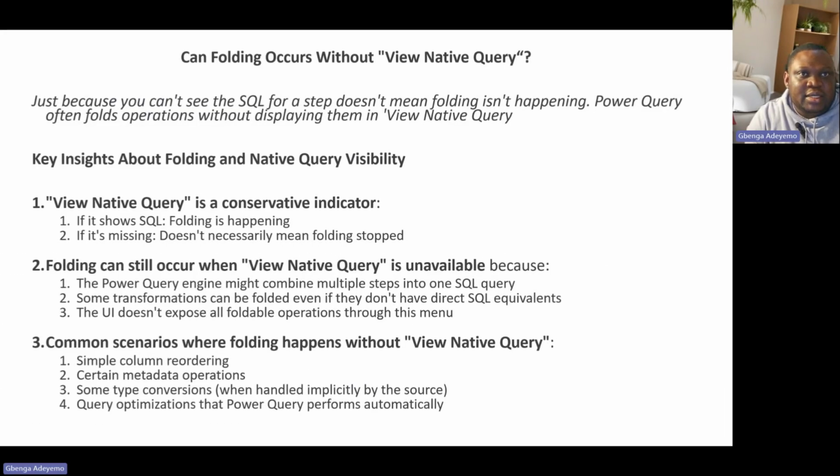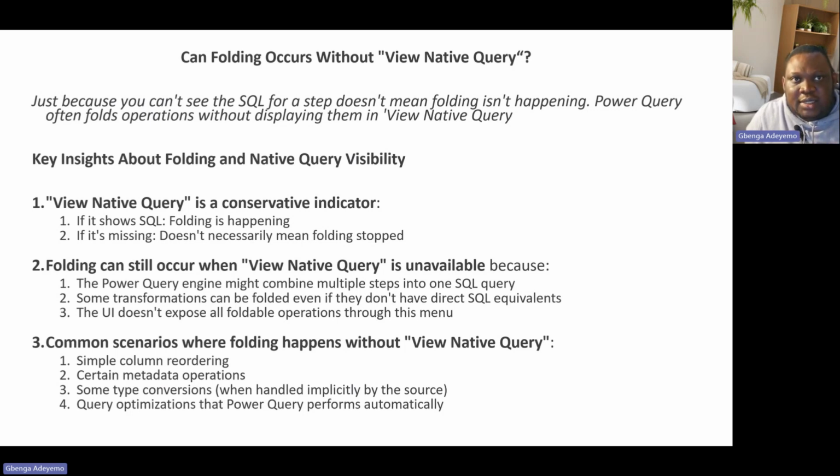So there are times that you apply that step, that transformation that you do, even though it is among the list of transformation steps that the source can process, but you still see that the view native query option is not active, is not available. And you begin to wonder, does that mean that my query is not folding? Does that mean that my applied step is not folding back to the source to process?